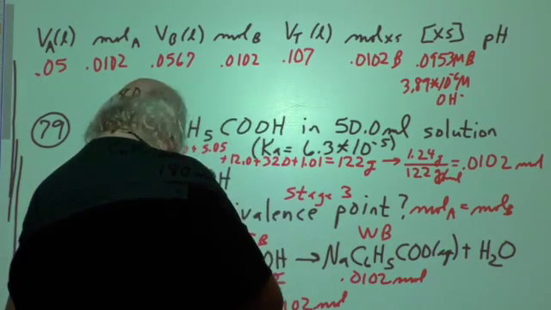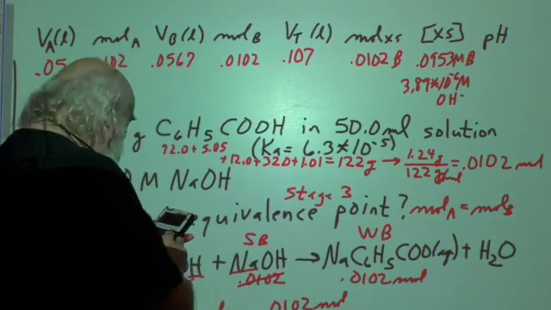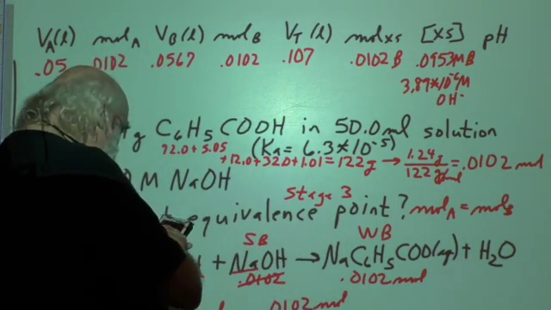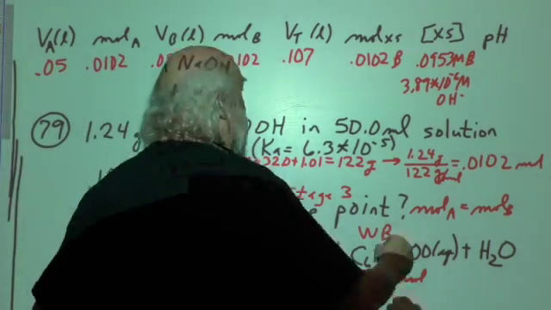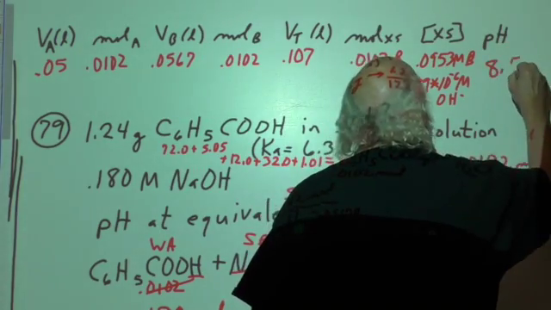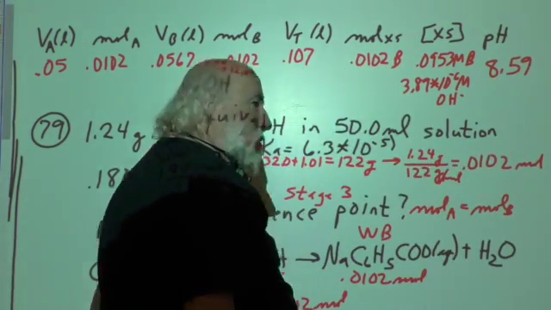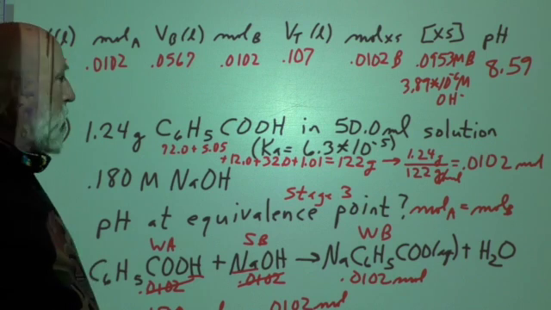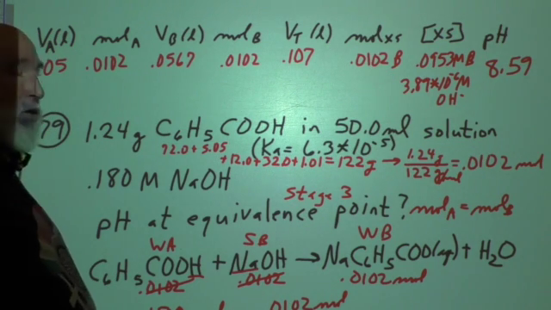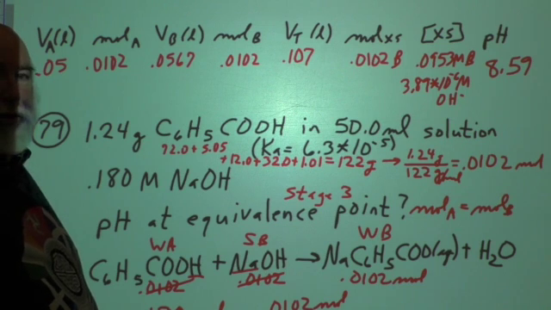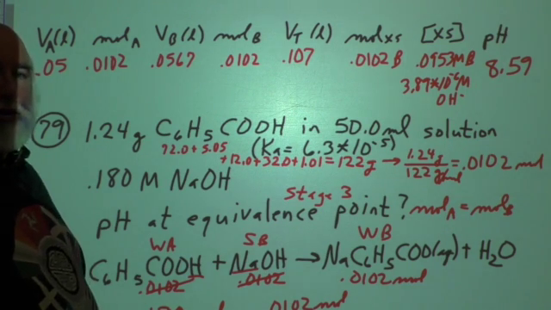And so we're going to take 14 plus the log of that answer, and we get 8.59 as our pH, which is what we would expect when you titrate a weak acid with a strong base. You should get a pH of greater than 7. Okay, go to part 2 to continue this.